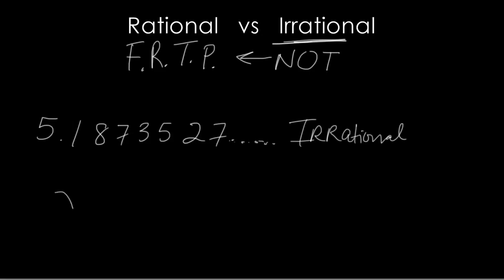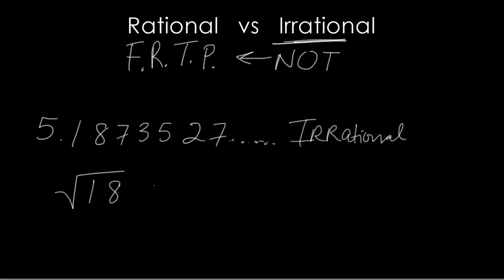Let's do another example. What about the square root of 18, right? Is that written as a fraction? Nope. Is it a repeating decimal? If you plug this into your calculator, you will not get a repeating decimal. Is it terminating? If you plug it into your calculator, it might seem that it will give you a terminating number, but no, it will go on and on and on forever, okay? And is it a perfect square? It sure isn't.